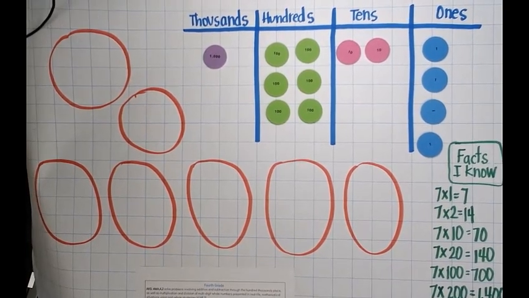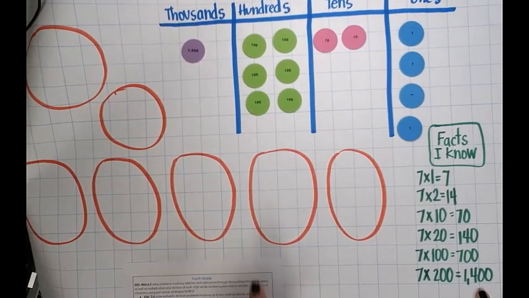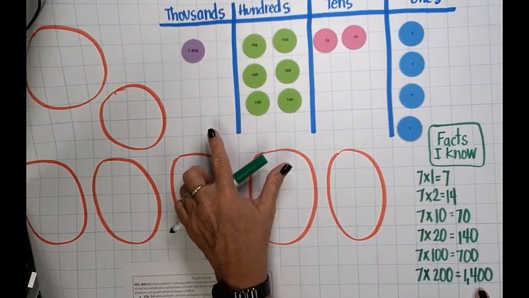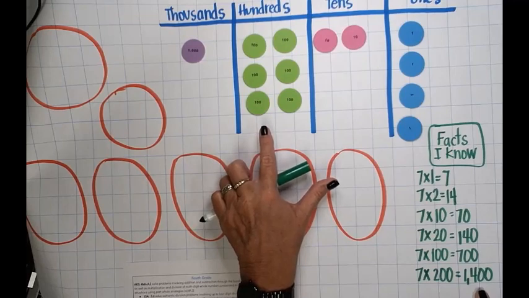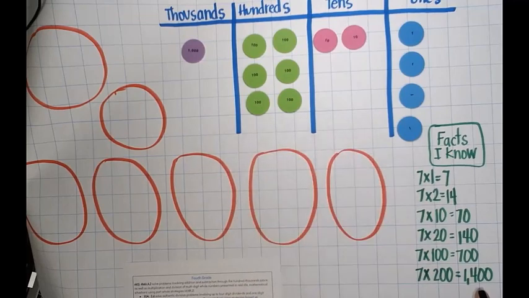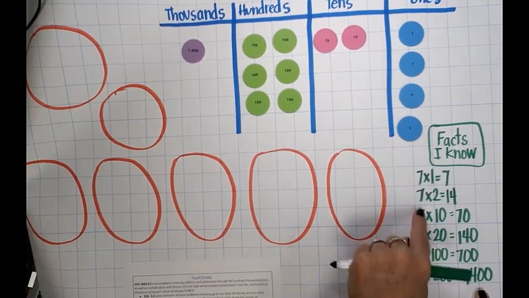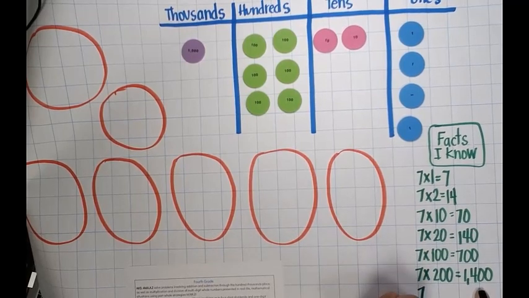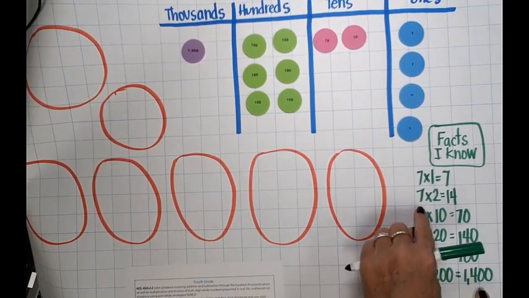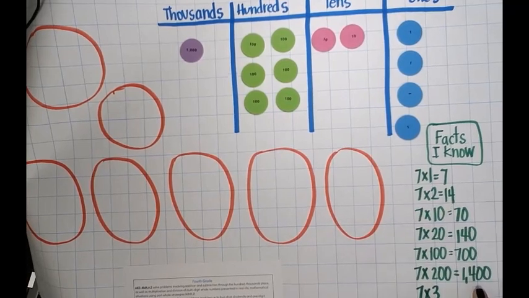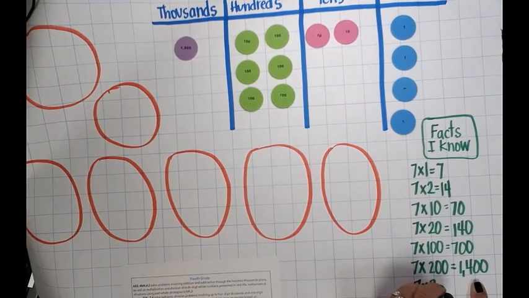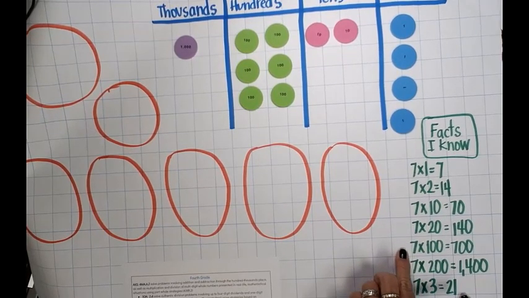Now, thinking about that 1,400, we're getting pretty close to that 1,624. I wonder if I were just to think about 7 times 3. I know that 7 times 2 is 14. If I add one more set of 7, I would get 21. Now, reasoning through this, if I were to take 7 times 300, it would be 2,100. So that's a little too large.